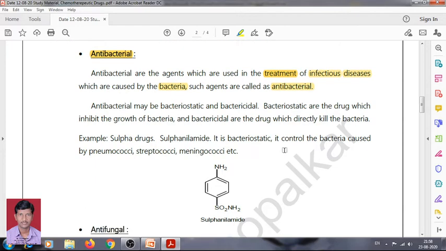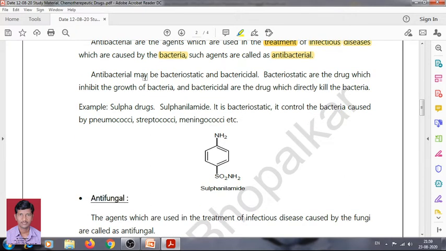It is very simple. It means the drugs which are used in the treatment of infectious disease caused by bacteria, means those diseases are found because of bacteria only. Such drugs are called antibacterial drugs.